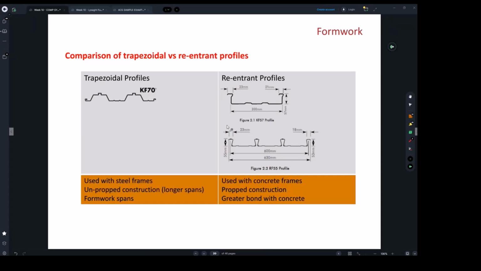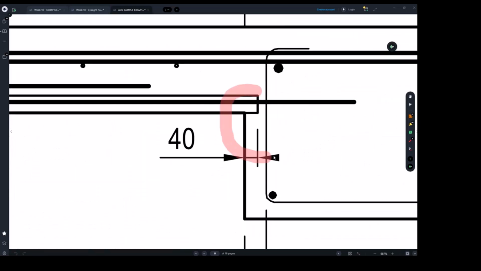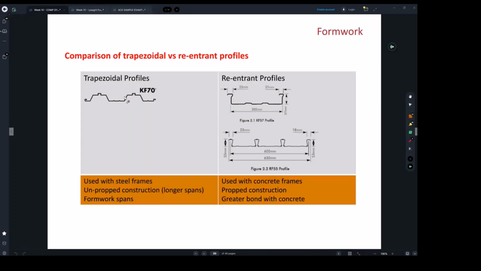Why is this basically happening? Remember the 40 millimeter that I was talking about? If you're going to be using the heavy duty ones, we don't have much connection between the concrete and the bonding, because you can see in the profile here, you've got large voids.